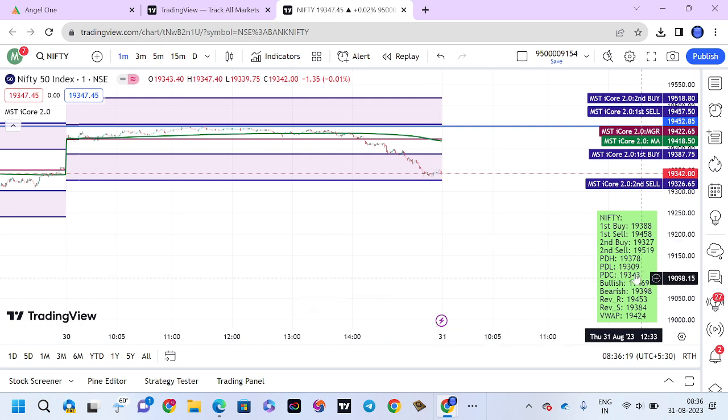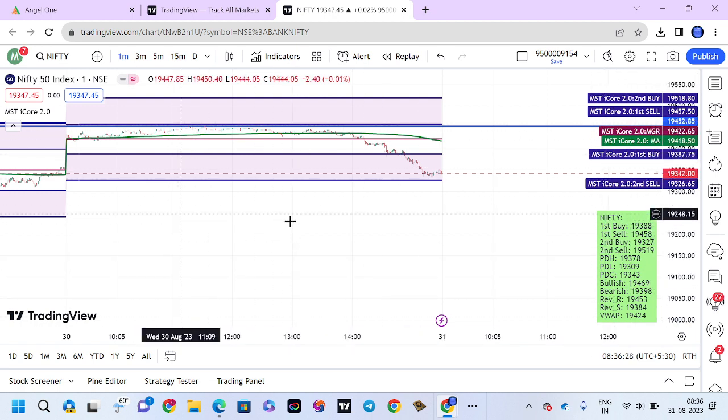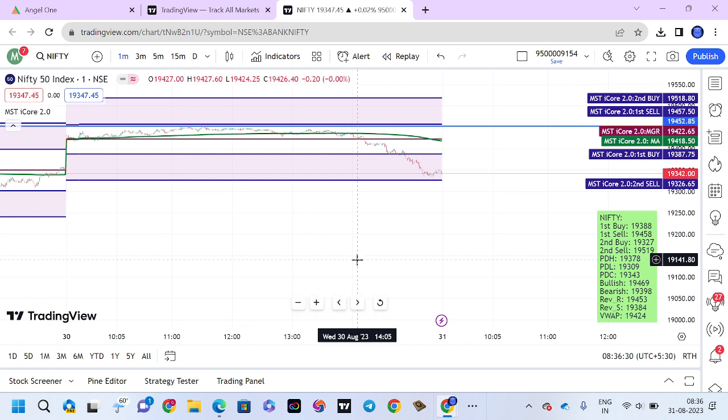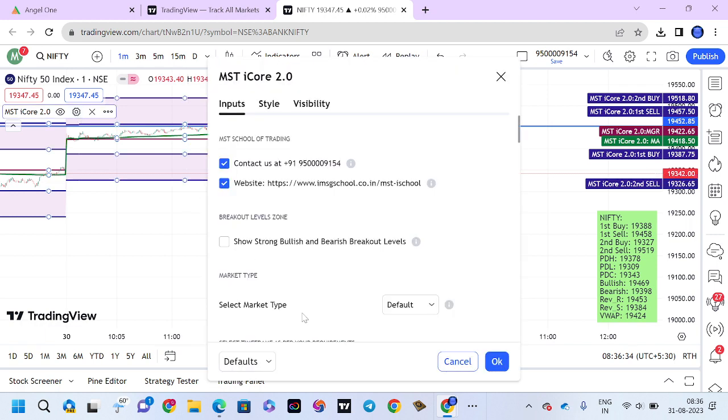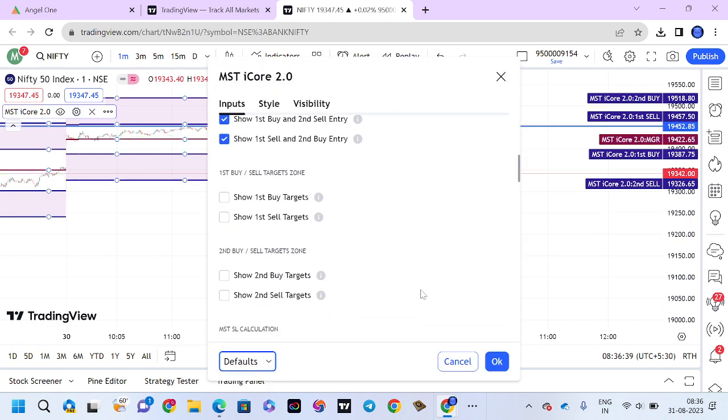If possible, I will add some more, Camarilla R3 and Camarilla S3 for the breakouts, only in the summary table. Here I could not print because of the Pine Script limitations. So that's all that we have in the newly updated indicator, and we have made it very simplified.